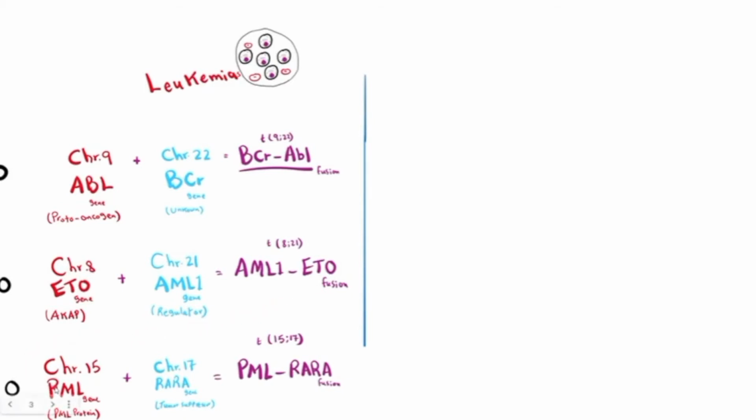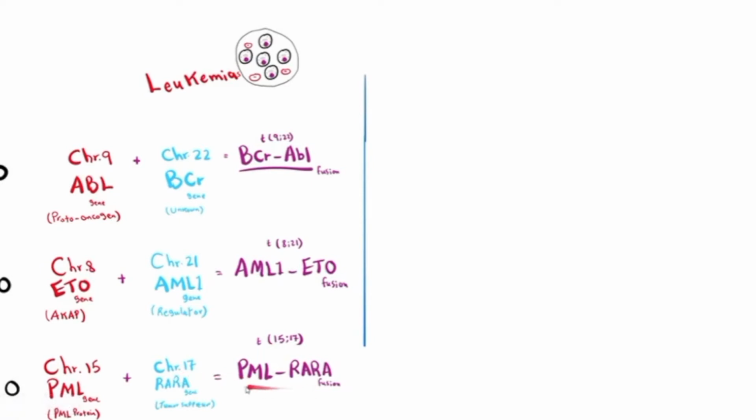And the last translocation I'll talk about regarding the leukemias is between the PML gene in chromosome 15, which is a gene that encodes for a protein called the promyelocytic leukemia protein, and another gene called the retinoic acid receptor alpha gene, which is normally a tumor suppressor, on chromosome 17.